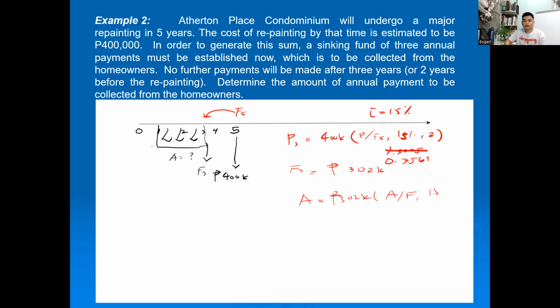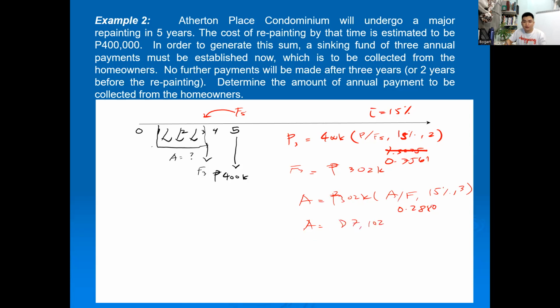No? 15%, that will be 3 years. So, sinking fund, 3 years. That will be 0.2880. So that will be 302,000 multiplied by 0.2880. Ganun kadali.